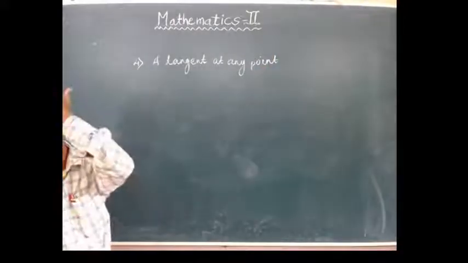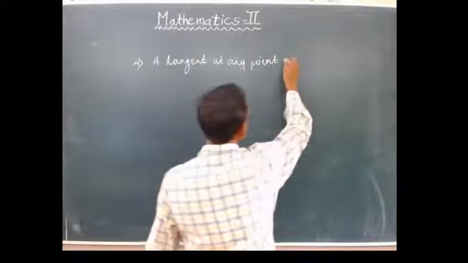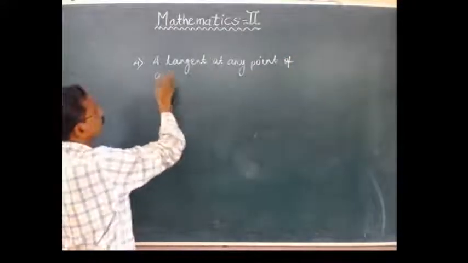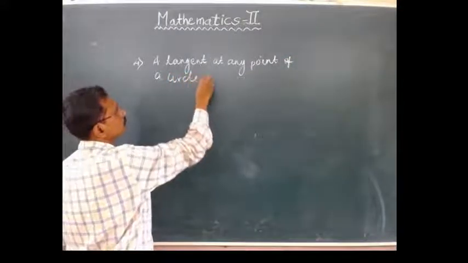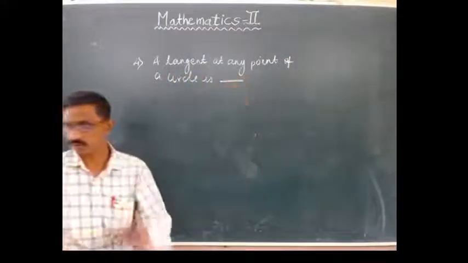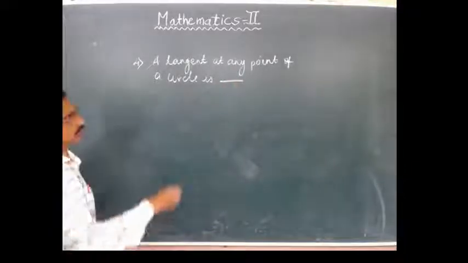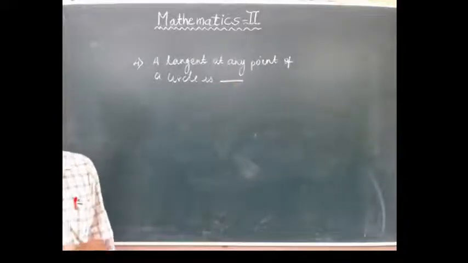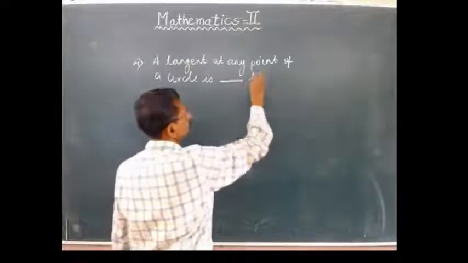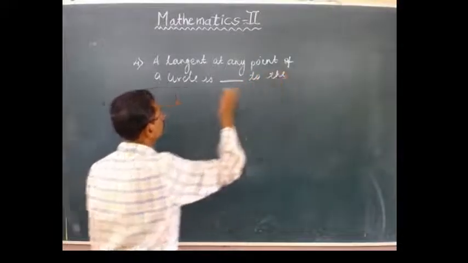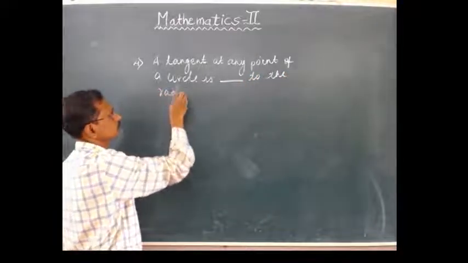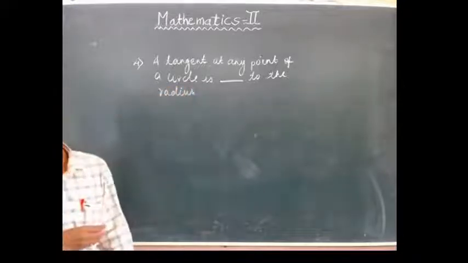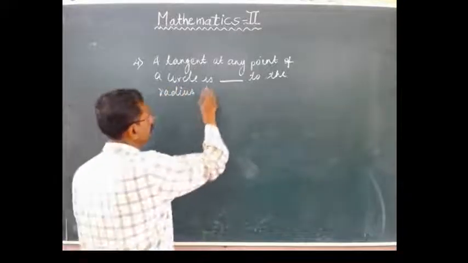A tangent at any point of a circle is dash to the radius through the point of contact.